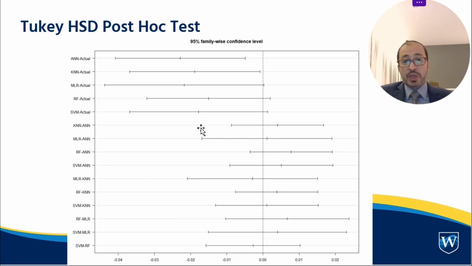So after that, I did a Tukey post hoc in order to identify which model exactly provides the best forecast. We have here ANN provides the best forecasting. Comes after that the KNN and multilinear regressions come.